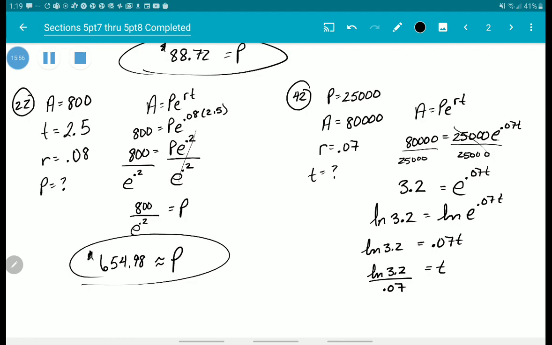Now, if we're talking about banking, and time, we're going to want a decimal approximation. So when you type this in, make sure you put parentheses around that ln. That's the only number you're taking the ln of, and then you're dividing that whole thing by 0.07. So it looks like it's going to take 16.62 years for this investment to grow.